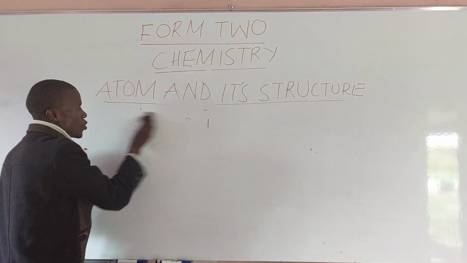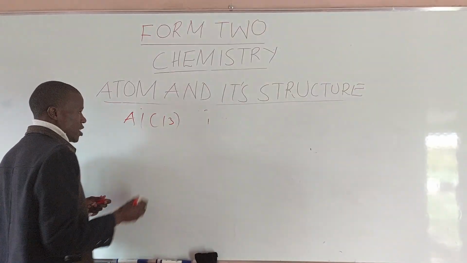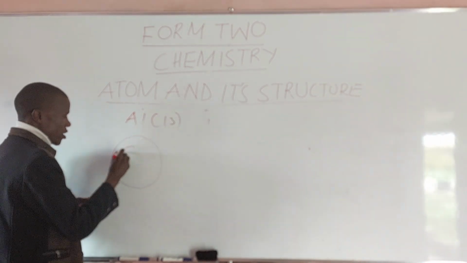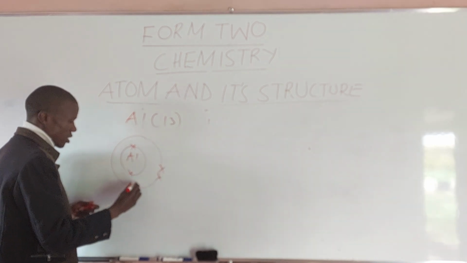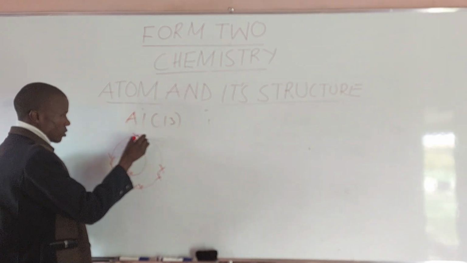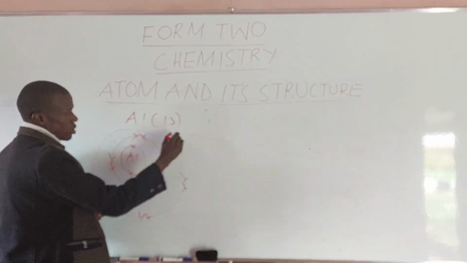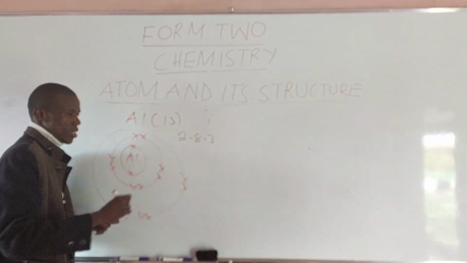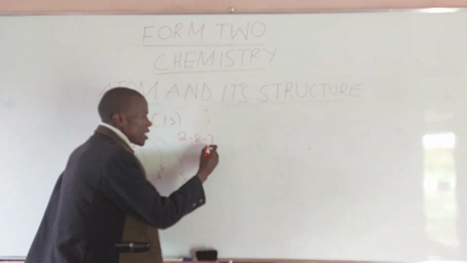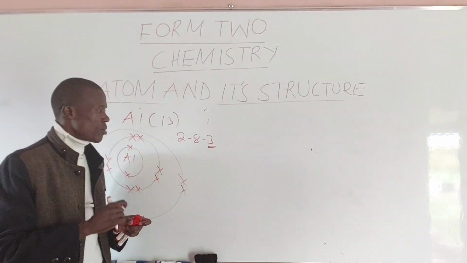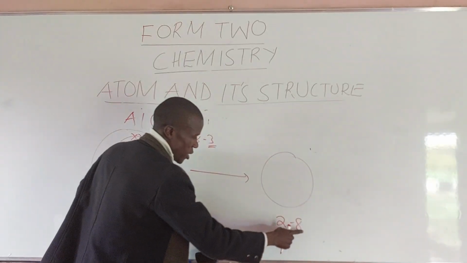What about if it were aluminium metal, atomic number 13? We have the configuration as this. The crosses represent the electrons. 2:8:3 is its electron configuration. For aluminium to form an ion and become stable, it must lose 3 outermost electrons to attain the stability of 2:8.